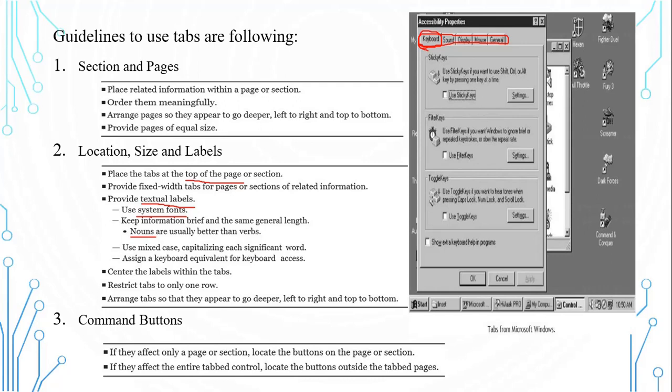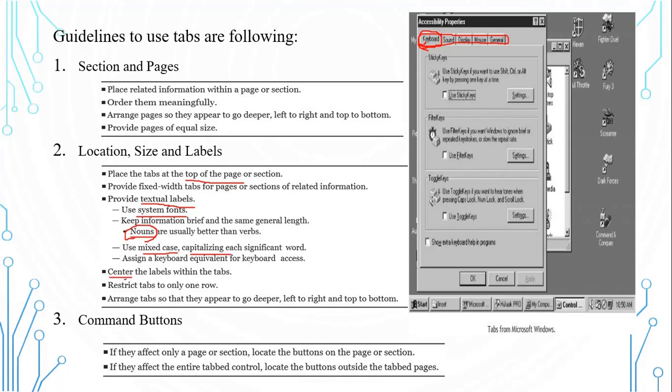The labels you place should be nouns rather than verbs, and you can use mixed case words and capitalize the first significant word. If it's keyboard, K has to be capitalized. And center the labels within the tabs. Again, you have to maintain the center.